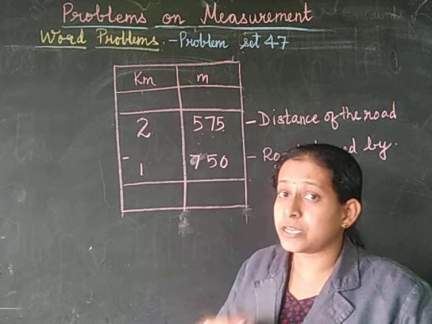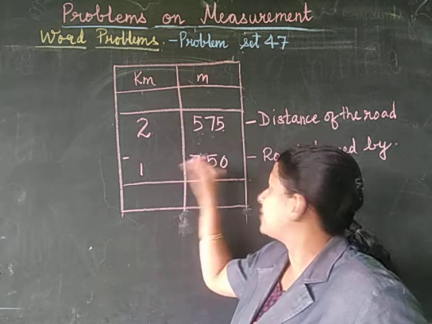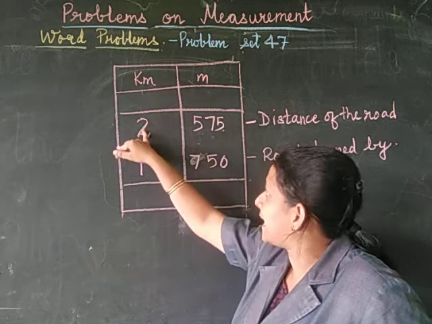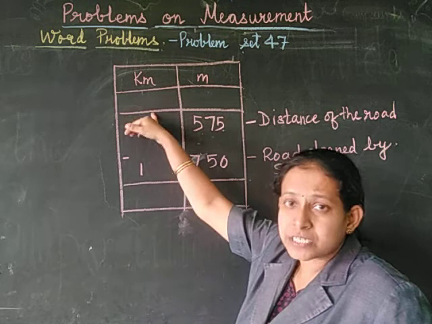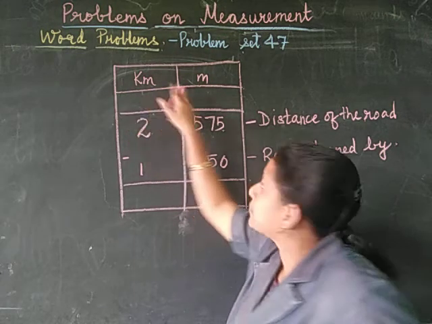That means we need to have more than 750, and for that we need to carry 1 kilometer from the kilometer side to the meter side.